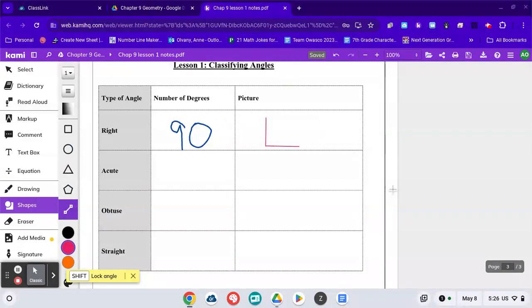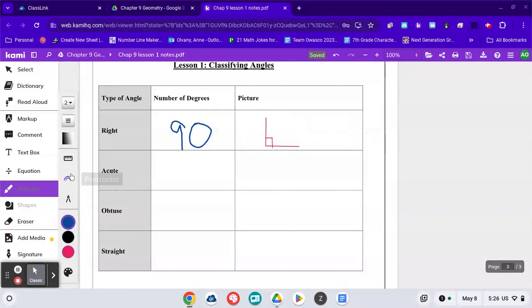Right angles always should be delineated with a little box in the corner. That little box tells me that I have a right angle, a 90-degree angle. You can't just say, oh, it looks like a 90-degree angle. No, that's not how it works. You have to look for that little box because math is a language, right?